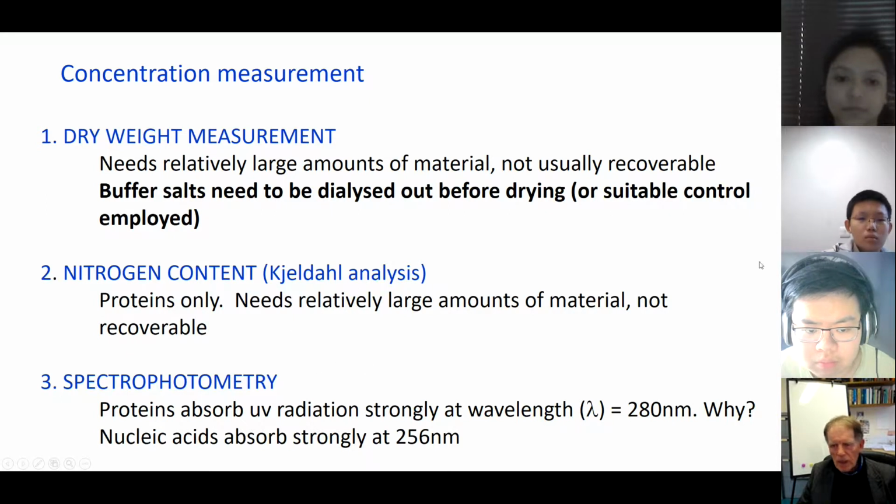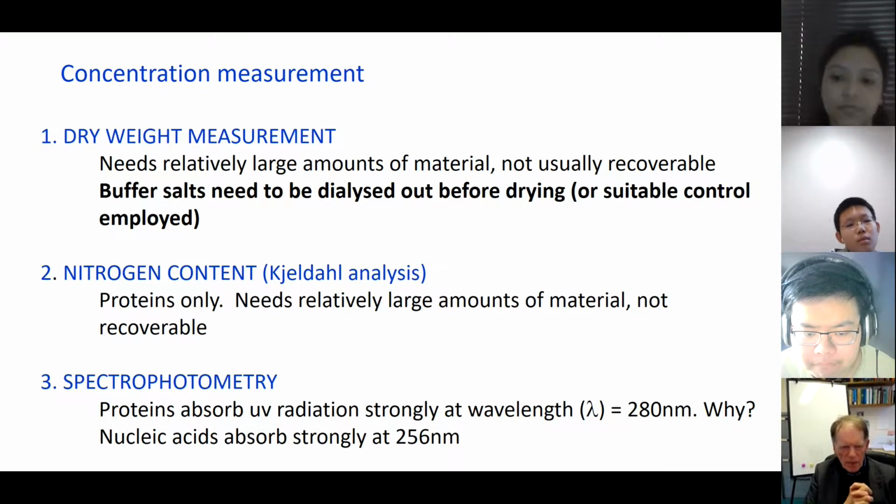If it's a protein, you can assay for the concentration by measuring the nitrogen content. This is called a Kjeldahl analysis, but this assumes that the nitrogen content is uniform across the range of proteins, and that's not always the case, particularly when you have larger amounts of amino acids which contain nitrogen-containing side groups.